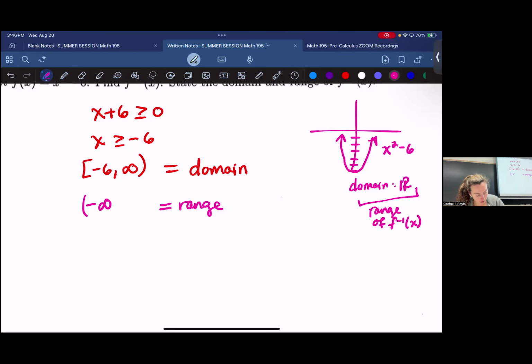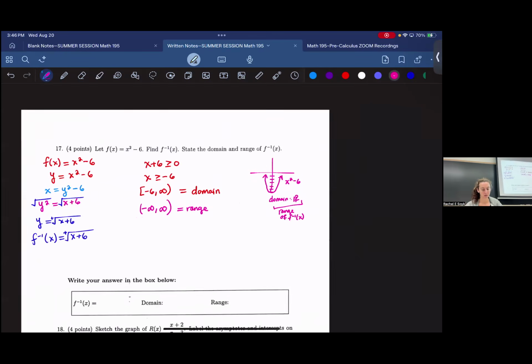So we get all real numbers, -infinity to infinity, and we're done.